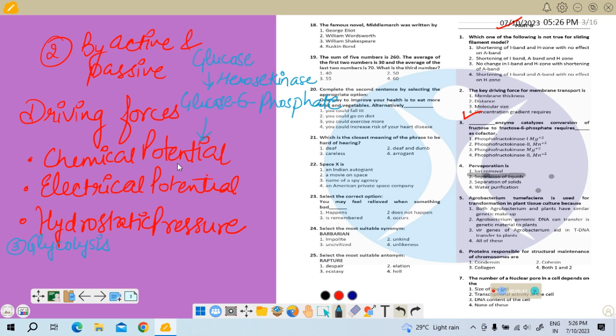Now glucose 6-phosphate converts to fructose 6-phosphate, and that is with the help of the enzyme phosphoglucose isomerase.